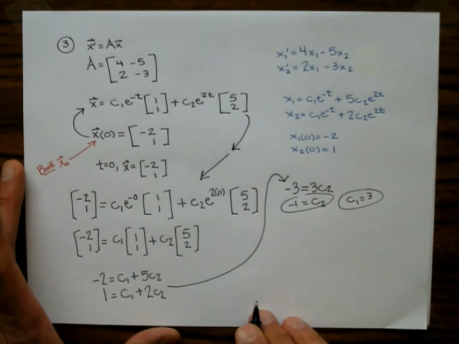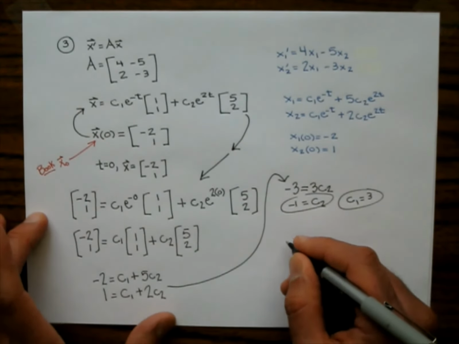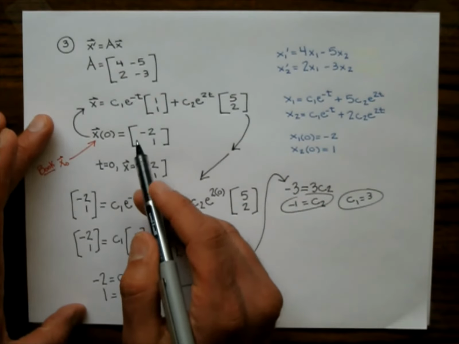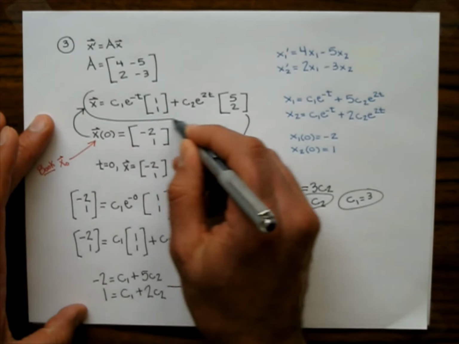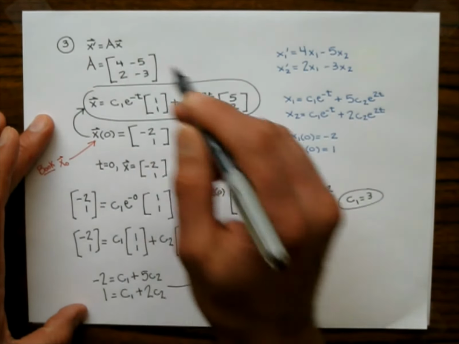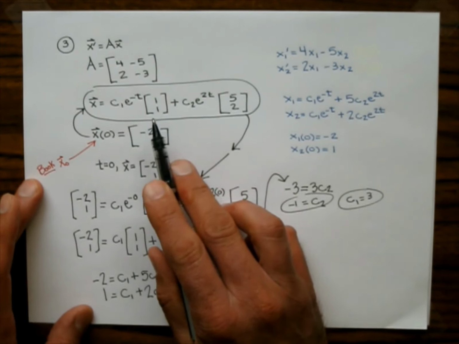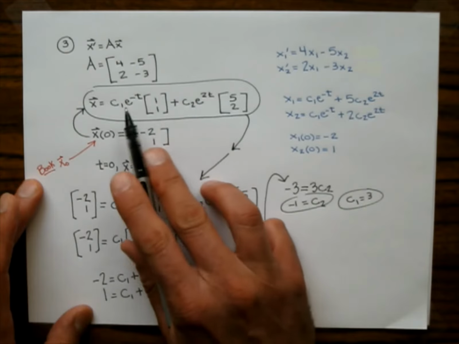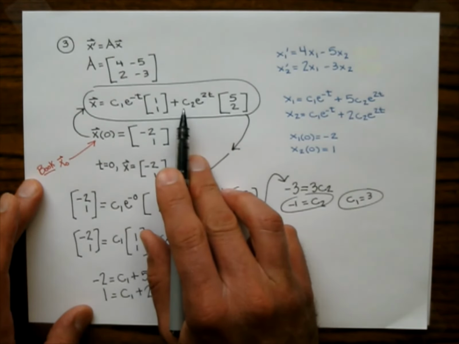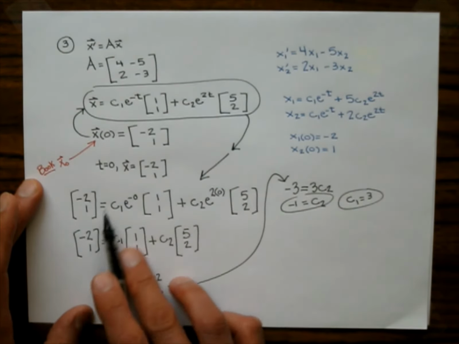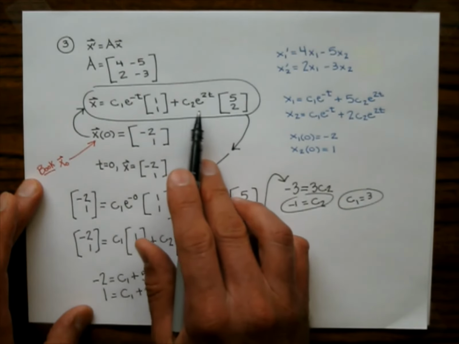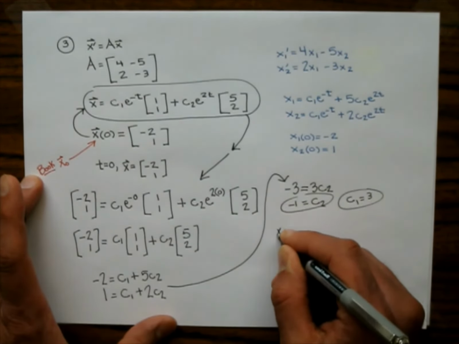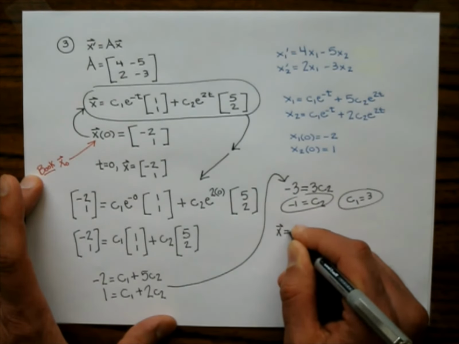So my final answer, this is a particular solution for this. See, this general solution right here, let me circle it, has many family members, which are vector functions, because C1 and C2 could be any real numbers. When I plug this initial condition in, I'm going to get one of the family members. And so here is a particular solution. This family member looks like this.